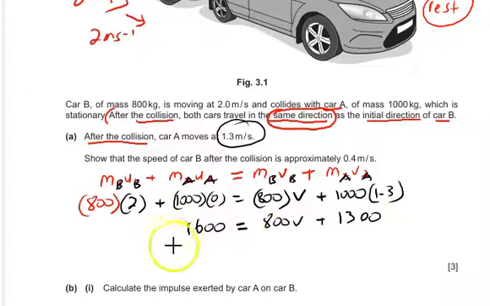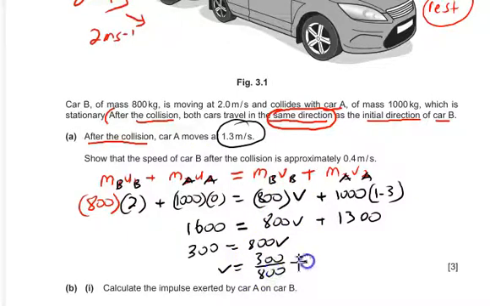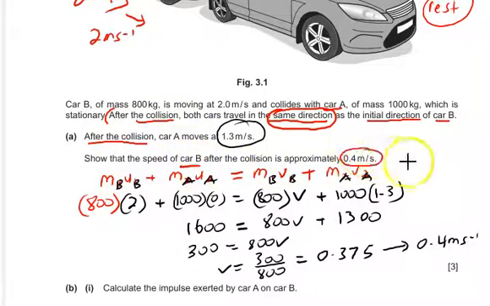Then this one moves over, it becomes 300. To get the velocity of car B, we have 300 divided by 800, and you'll be getting about 0.375, which you can round off to 0.4 meter per second. So you have shown the speed of car B after the collision is about 0.4.